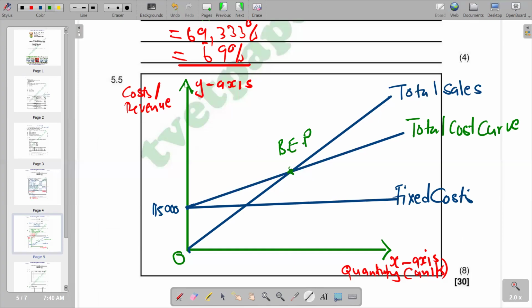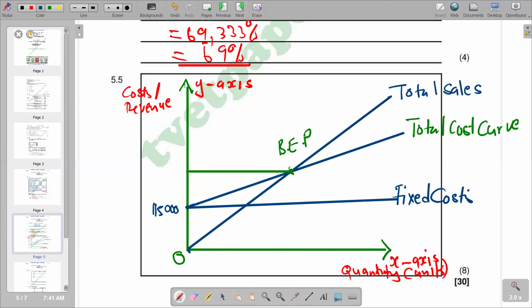So if you come here, you come to the vertical axis, and that's where we are going to have your break-even value.